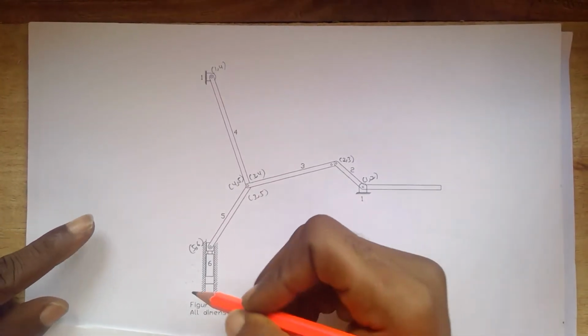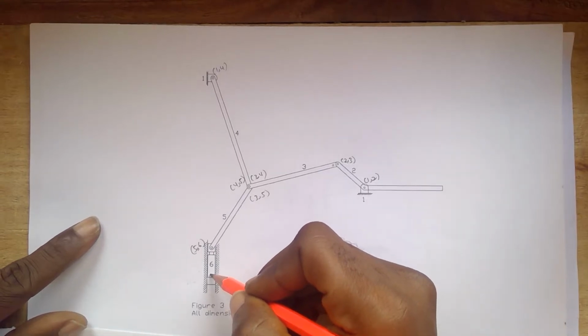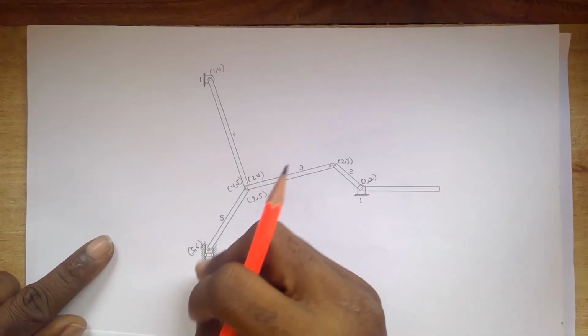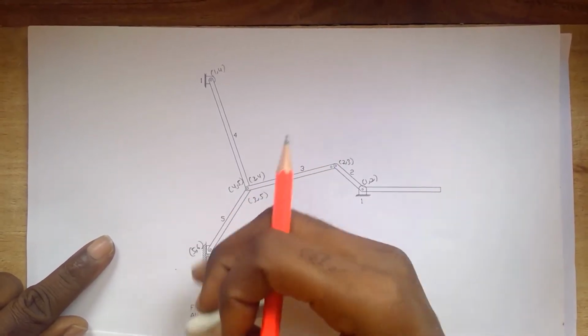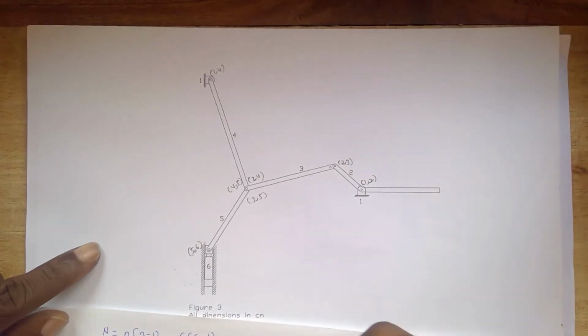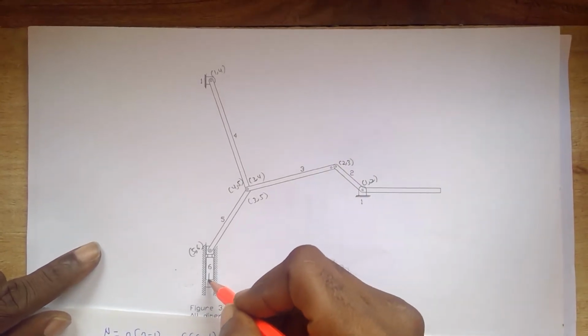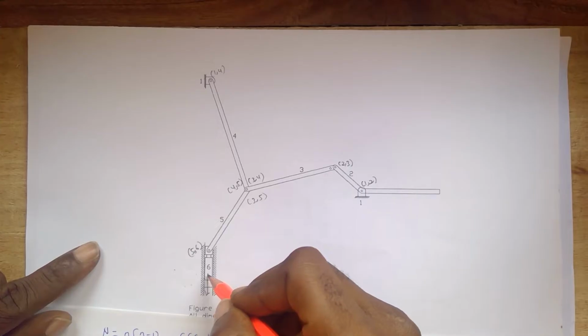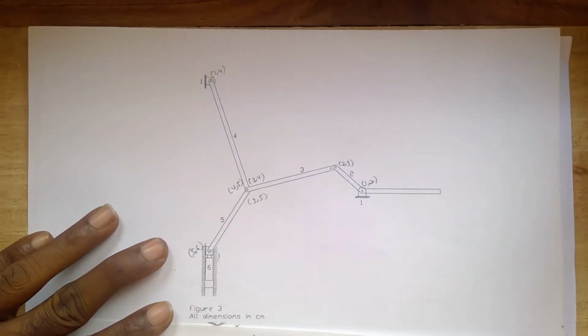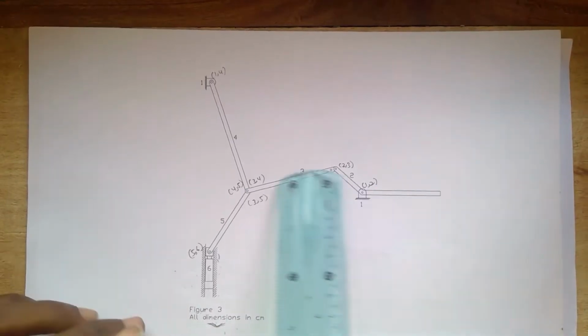You see that the slider will be sliding in this direction. That will be the direction of the velocity. What that means is that the instance center must be perpendicular to the sliding direction. So if you have the sliding direction in this direction, then the instance center must be perpendicular to it. That will be the instance center 1,6.